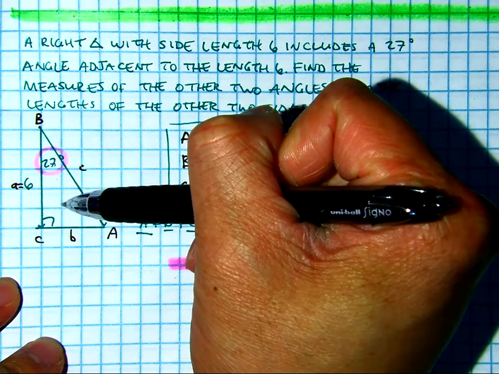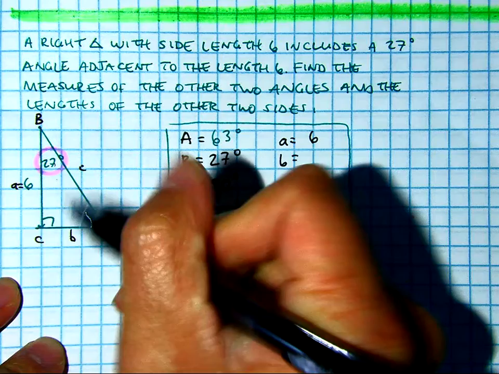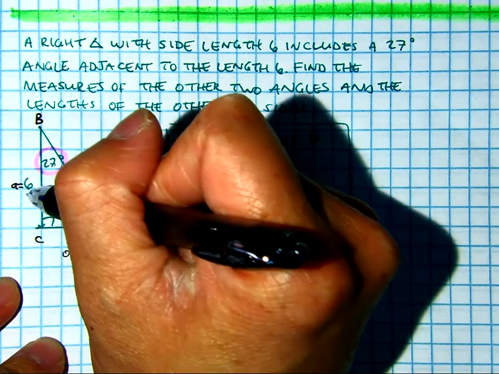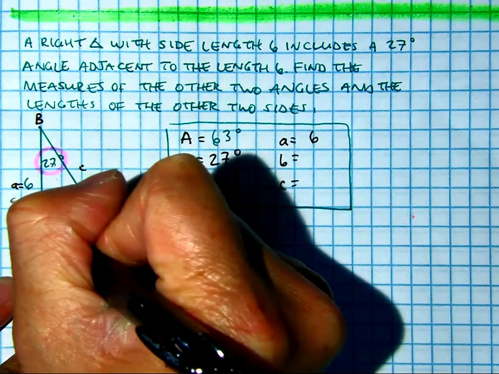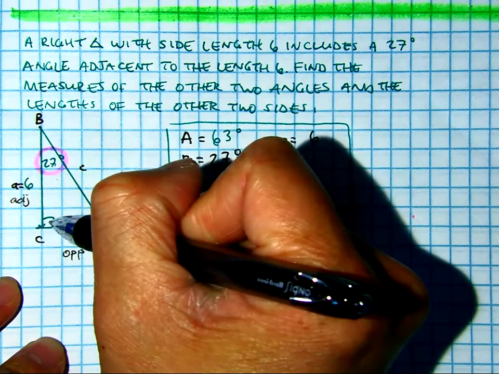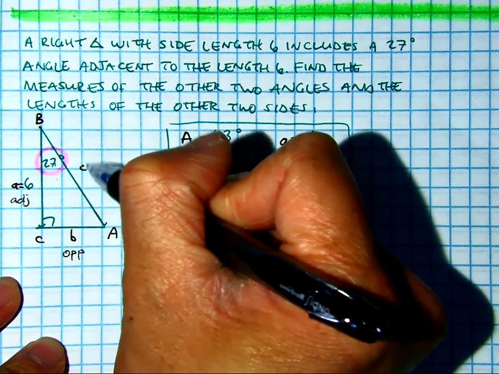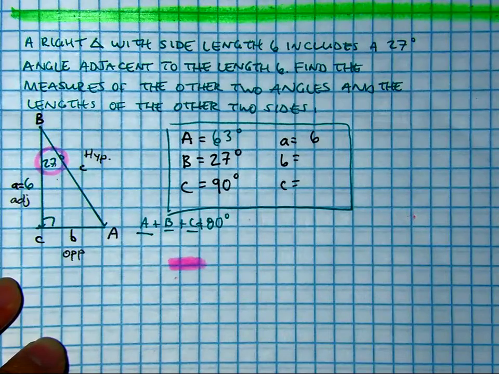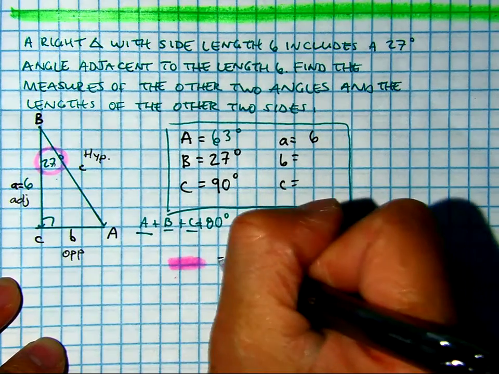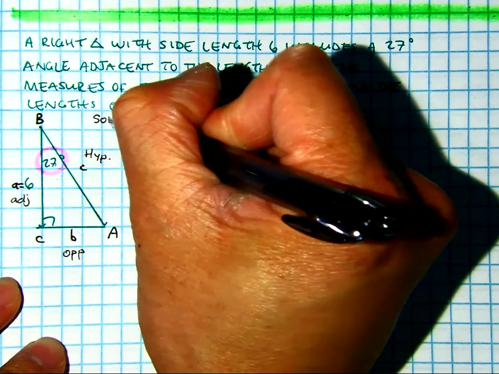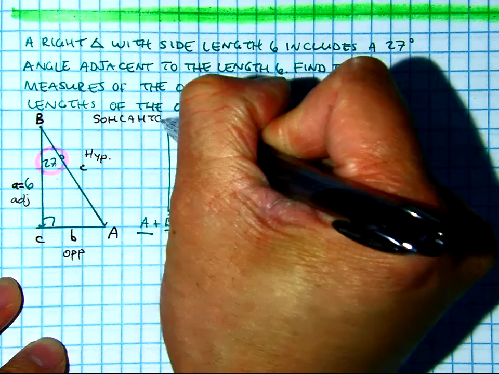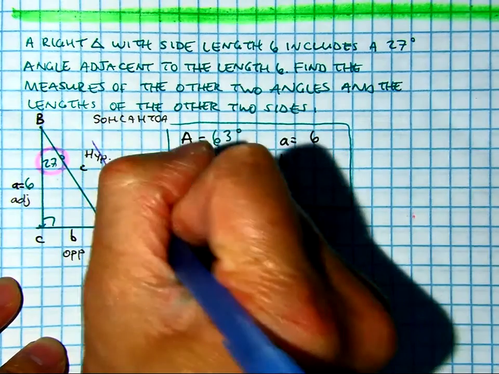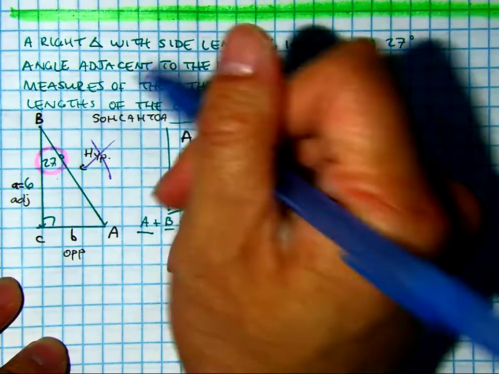And this side would be called the adjacent. And then this one would be called the hypotenuse. I'm going to eliminate the hypotenuse because there's nothing there. So that means I can eliminate which two trig functions? Sine and cosine.